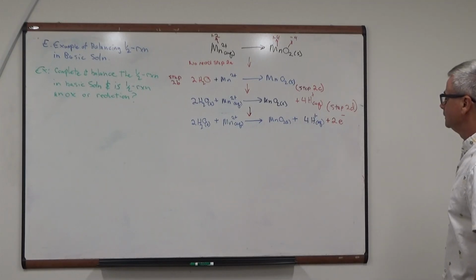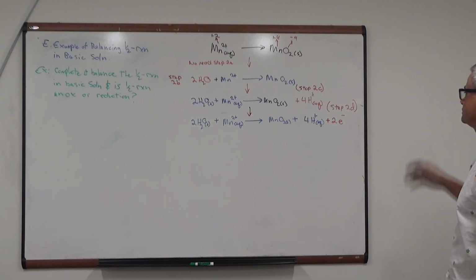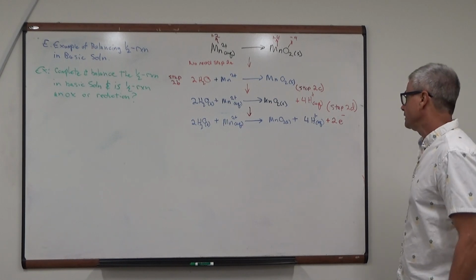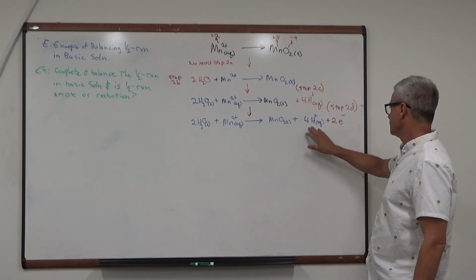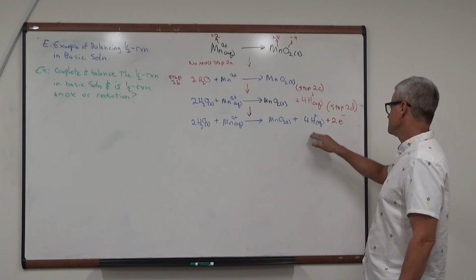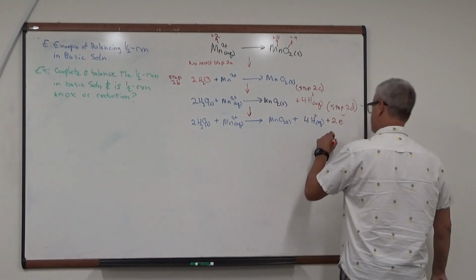This would be the balanced half equation if we were in acidic media, but we're not in acidic media, so we have to deal with these protons. What we'll do is add 4 hydroxides to either side. That'll take care of the H pluses.